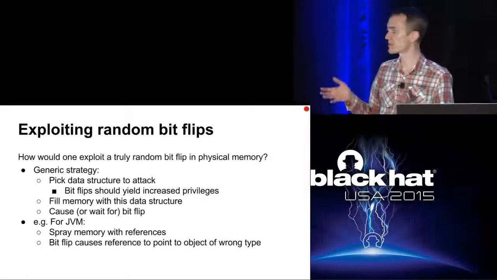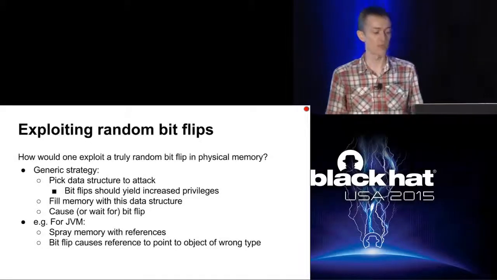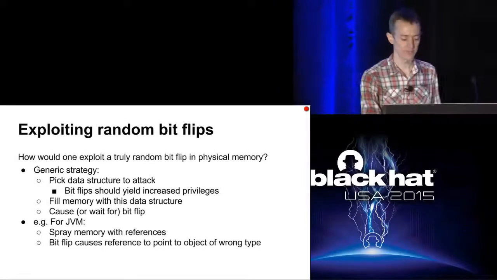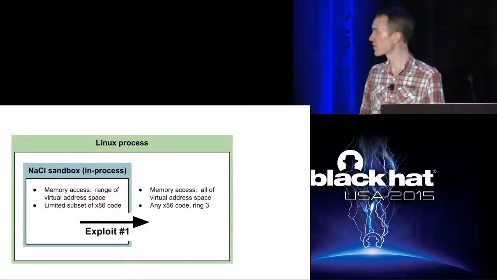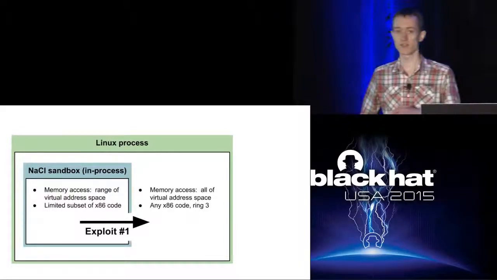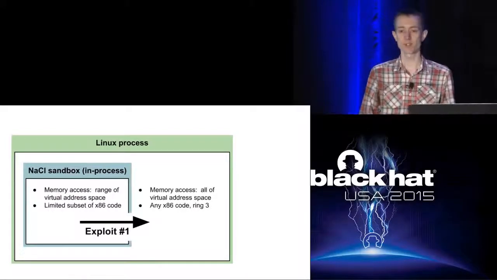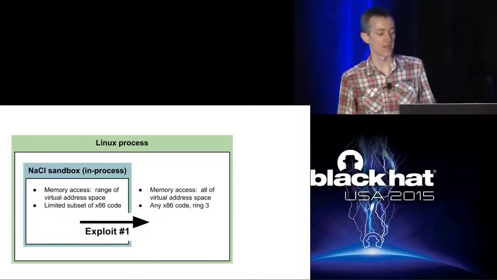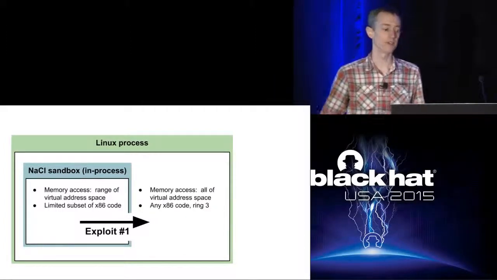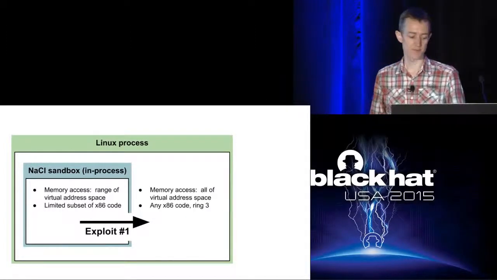So I basically built 2 privilege escalation exploits using the Rowhammer bug, and they both use that generic strategy. The first one escapes from the native client sandbox. Native client is an in-process sandbox that's used in the Chrome web browser. And breaking out of that sandbox means an attacker can run arbitrary code inside the host process.